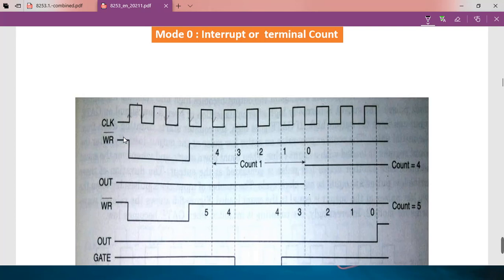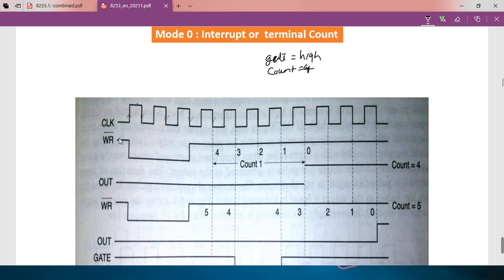We all know that any counter has 3 pins: gate, clock and out. In mode 0, if the gate pin is high, and we write a count, for example count equal to 4, in the count register, this count is loaded into the counter.